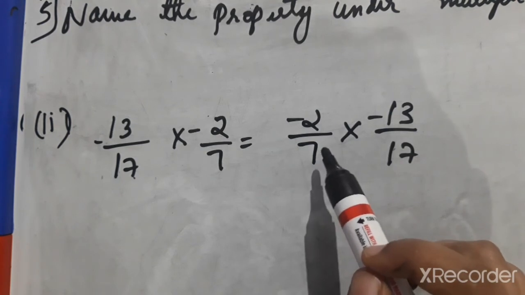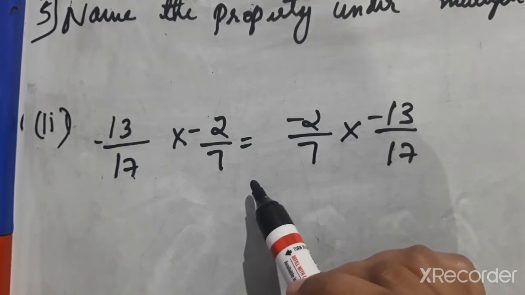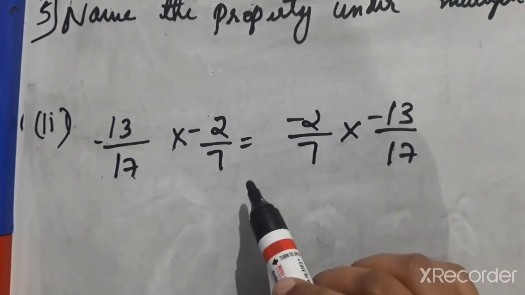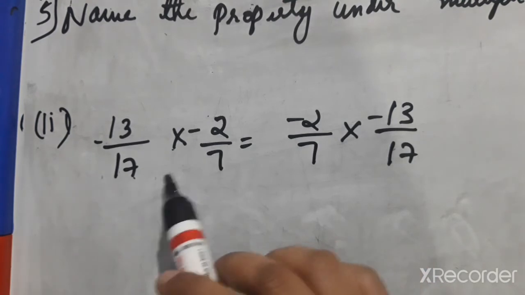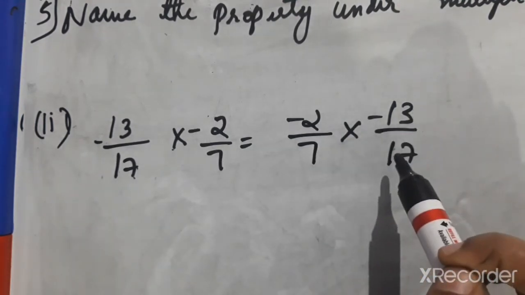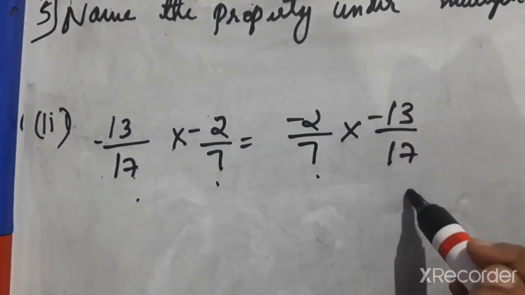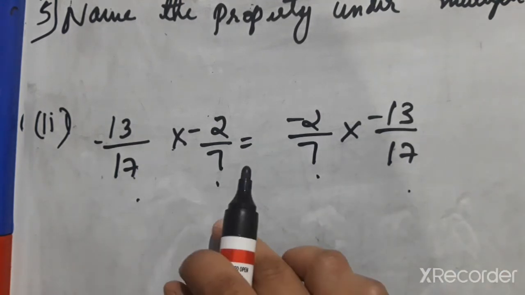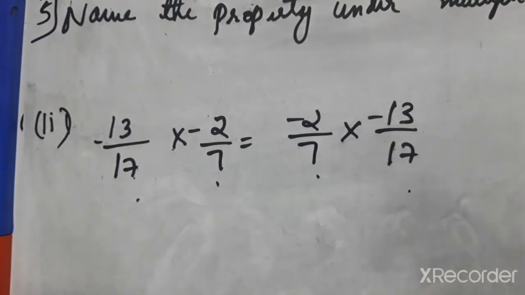So this is the commutative property of multiplication, reversing the rational numbers or fractions. 13 by 17 into 2 by 7 will become 2 by 7 into 13 by 17, with the sign. So a into b is now b into a. It is in the form a into b is equal to b into a. So reversing or rearranging. So this is commutative of multiplication.